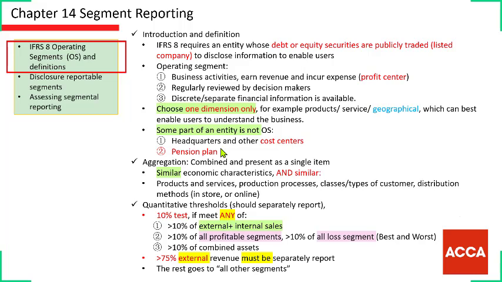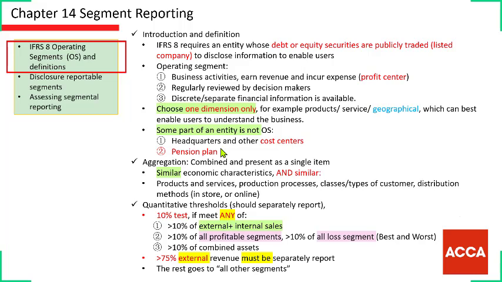And aggregations. For similar items, we can aggregate, but we should balance the detailed information. If it's too detailed, it won't help your financial users, but if it's too general, it makes no sense, right?